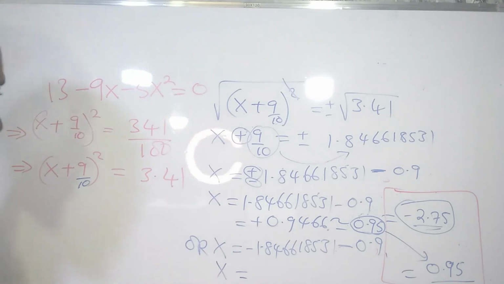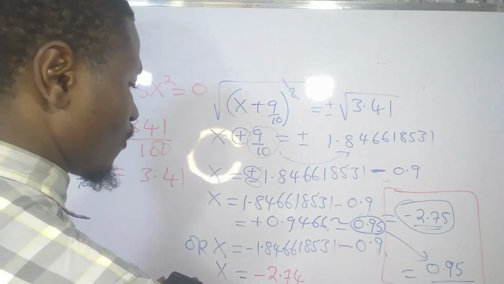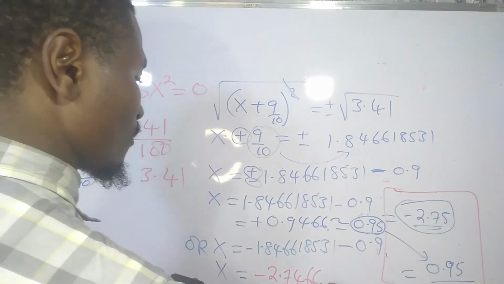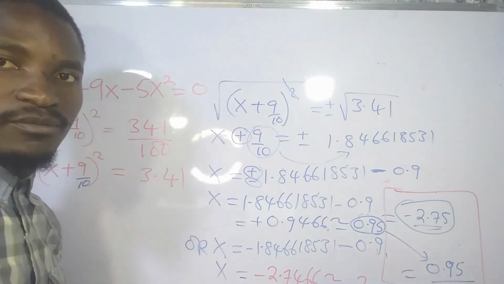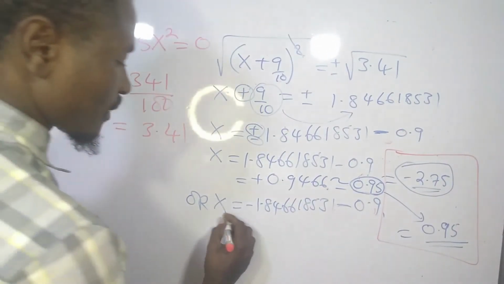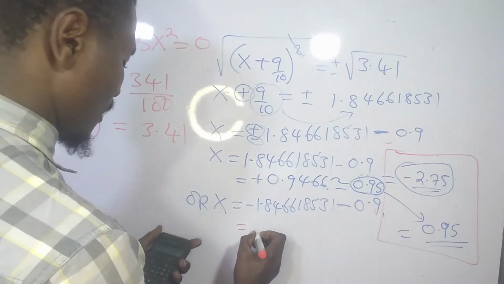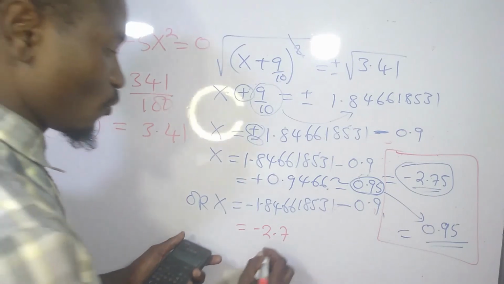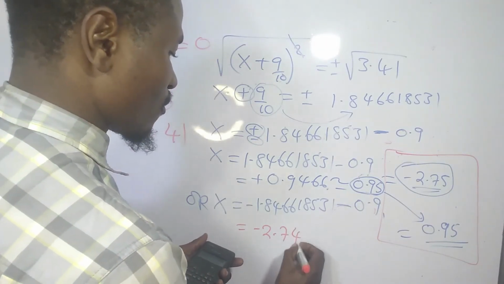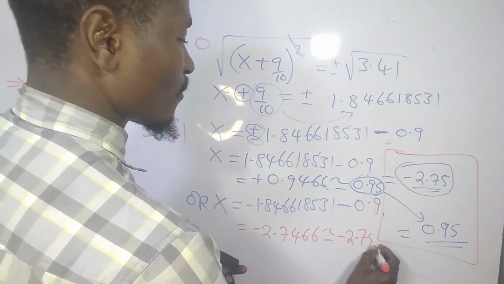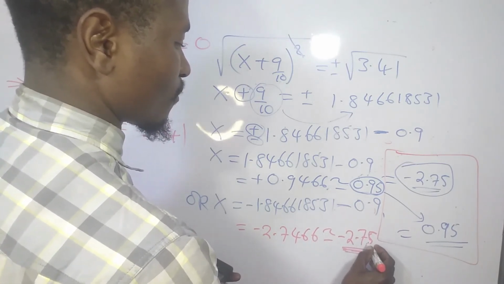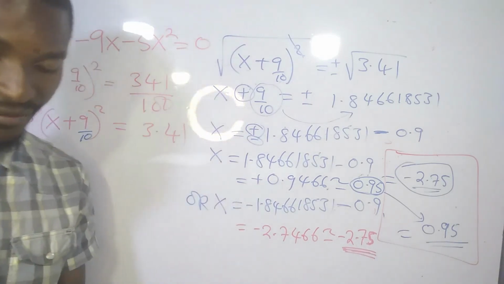So the answer we have gotten is negative 2.7466, which is the same as saying negative 2.75.